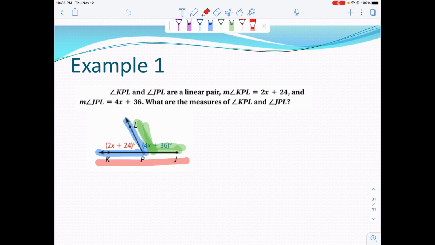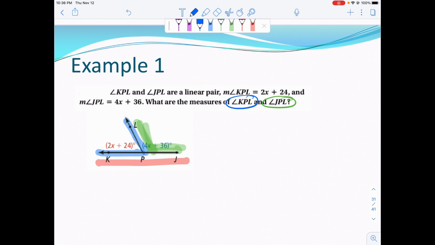You'll write your statement down like we've done in the past. It says, the measure of angle KPL is equal to 2x plus 24, and the measure of angle JPL is equal to 4x plus 36. What are the measures of each of these? So they want you to find what angle KPL is, and they want you to find what JPL is. So we're going to go ahead and start there.